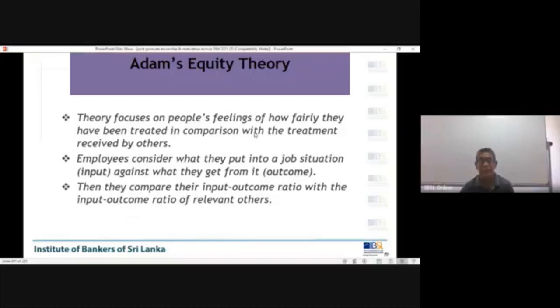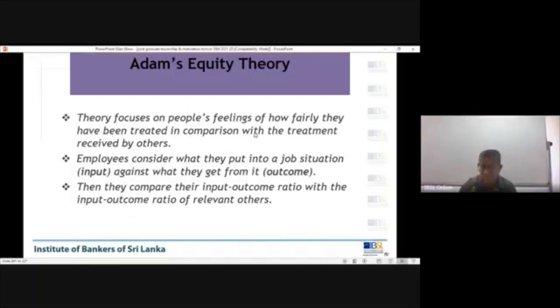So then what happens? In job situations, if you put in input and compare what you get from it, the outcomes, the input-outcome ratio is not valued in the same manner. So you are dissatisfied.